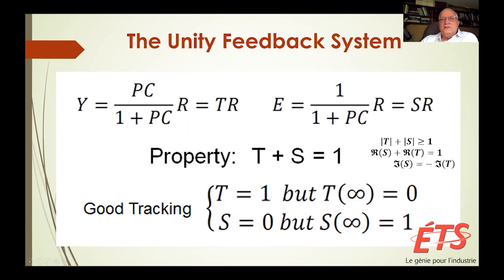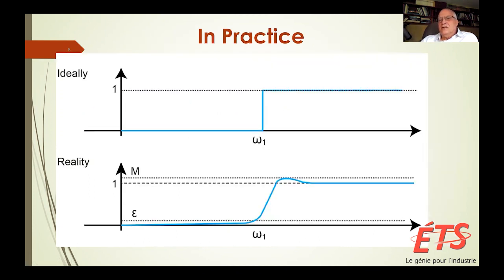So what we're going to do is simply divide our system into a low frequency range, up to a limit omega-1, and a limit at high frequencies. More practically, at low frequencies, I'm going to say that my sensitivity should be smaller than epsilon, and at all frequencies, smaller than M.